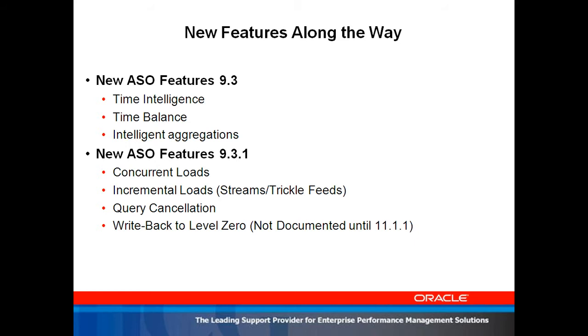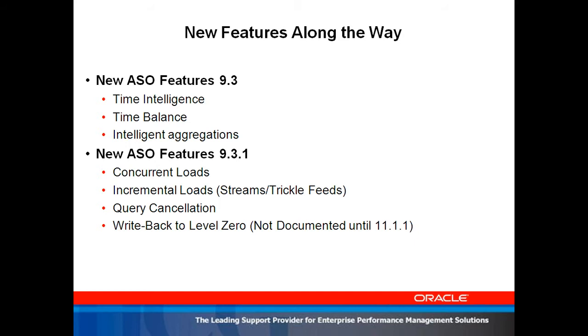It adds more space, but it adds speed to your retrievals. Well, the concept of intelligent aggregations provides specific directions to Essbase in the creation of those aggregate views. This provided what are called hard restrictions for a dimension rather than the soft restrictions that were available in previous levels.